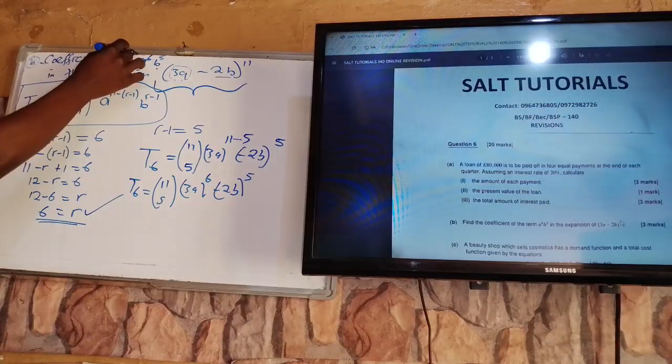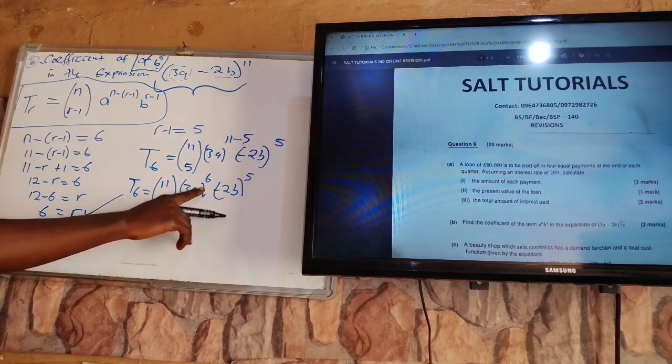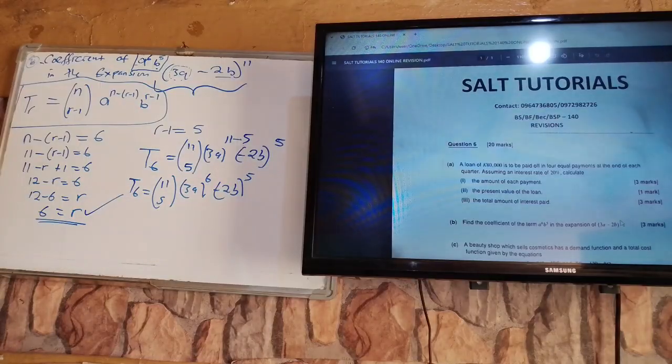And if you can see, this is where this is coming from, where a is power 6 and b is power 5.